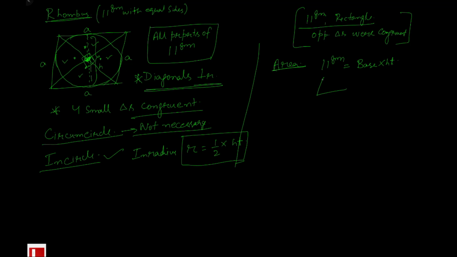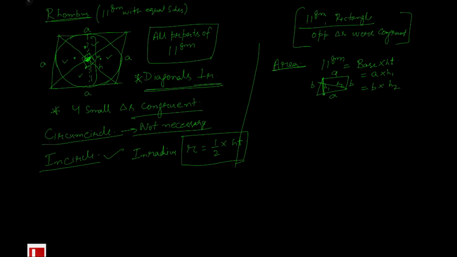I'll just show. If I have this side as A, this side as B, okay, and if I drop this height, fine, say H1, and if I drop this height, say H2, then the area of this parallelogram is either A into H1 or it is also equal to B into H2.